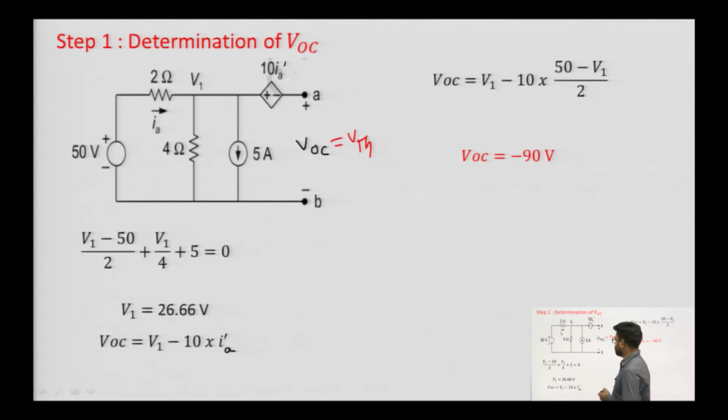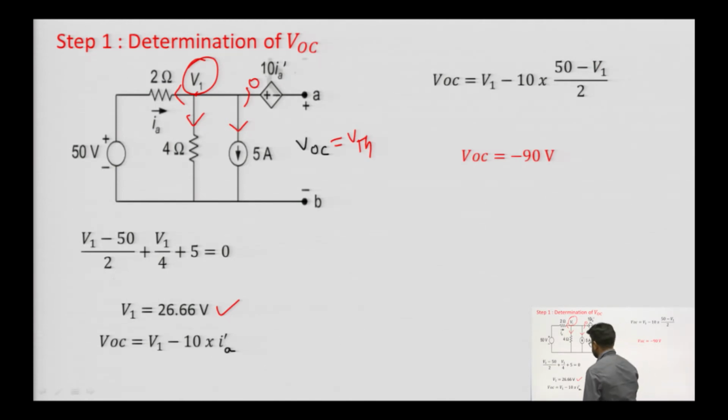Now, after open circuiting the terminal AB and applying KCL at this point, we will have (V1 minus 50) by 2, plus V1 divided by 4, plus 5 ampere equal to 0, because there is no current flowing in this branch. After applying KCL, we got the value of V1 as 26.66 volt.